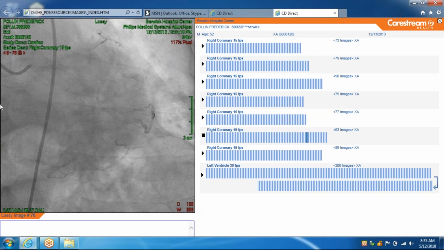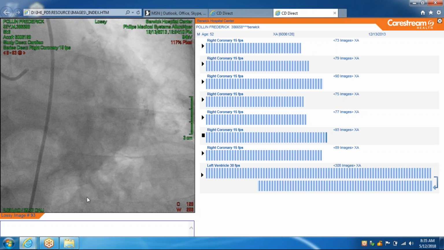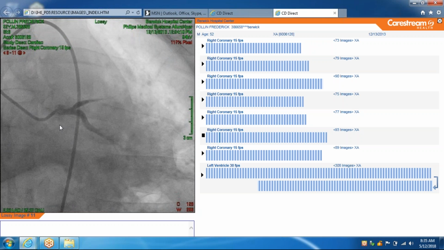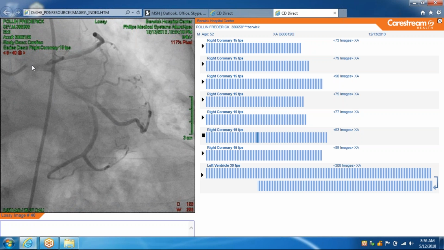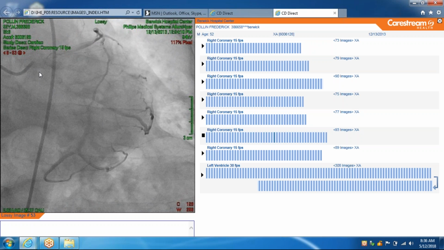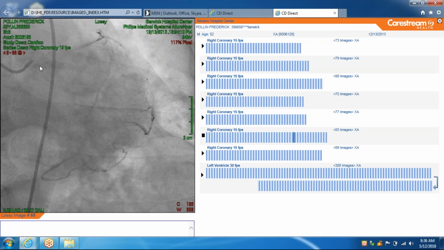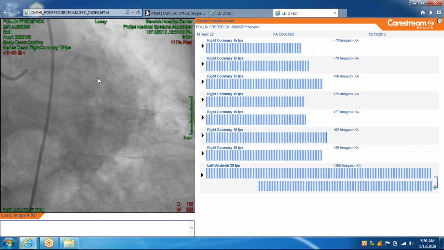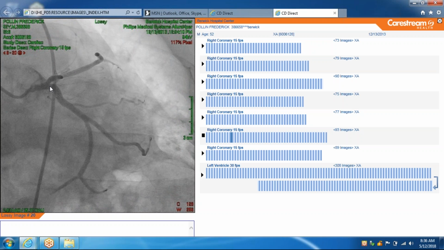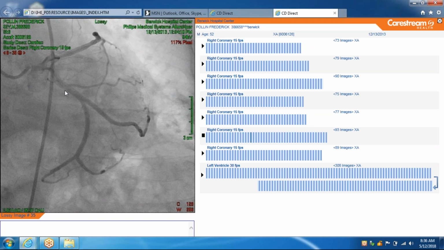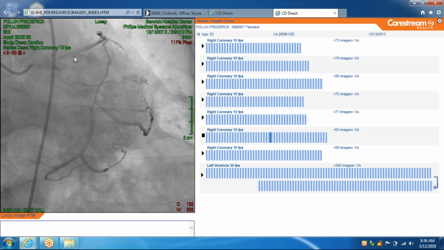But the most important thing is to look at the coordinates that you use to get the views. All right, so again, the circumflex is there, the LAD is over there. The short vessel here is the left main because the left main coronary artery splits to give you the circumflex and the LAD.